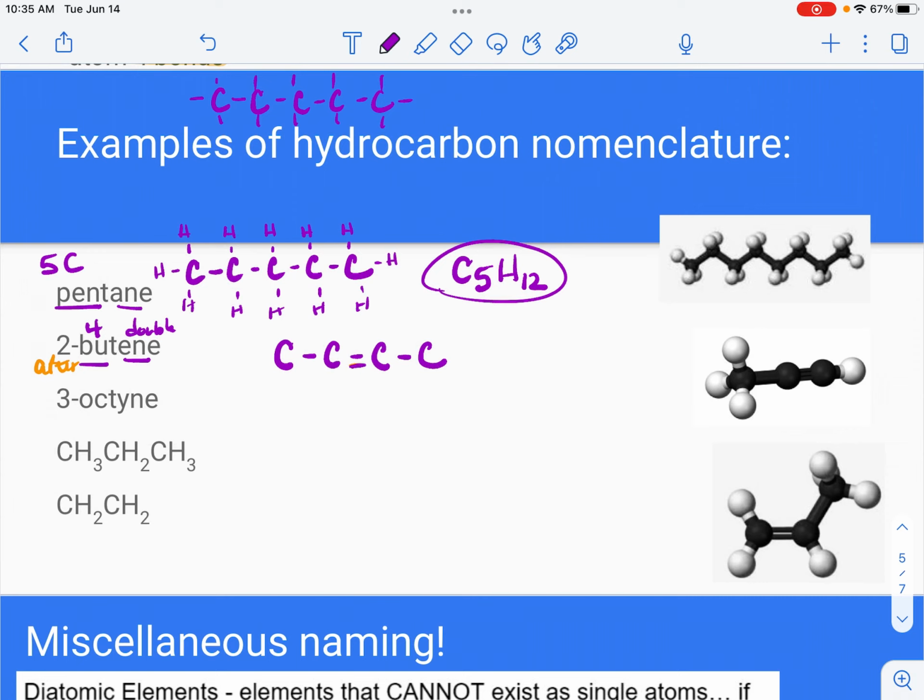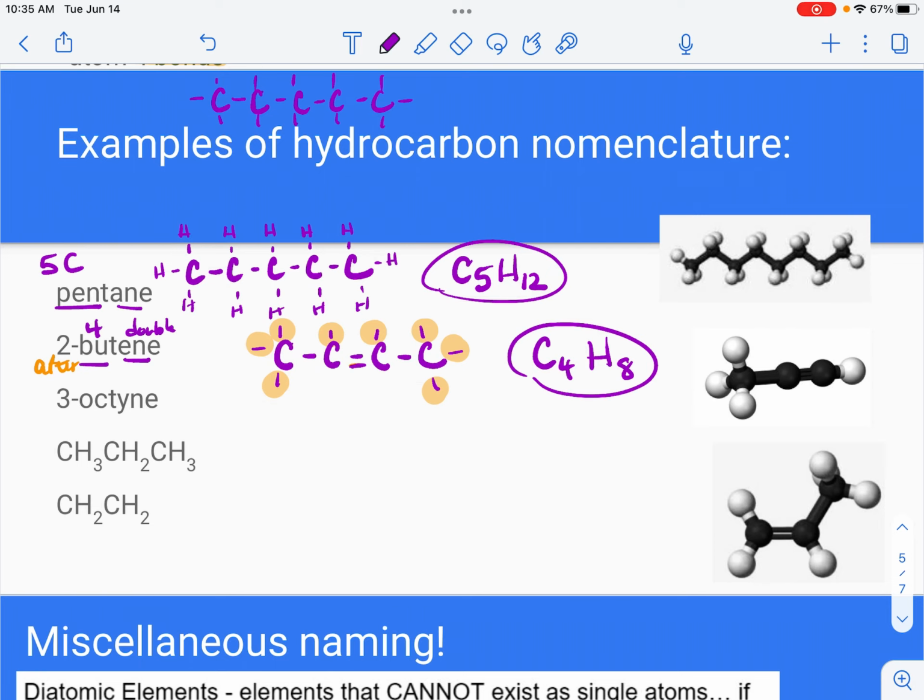All right, so I'm going to put in the double bond. And then I'm going to add enough hydrogen: 1, 2, 3. This one only needs 1, this one only needs 1 because of the double bond, and then 1, 2, 3. So now this is going to be C4H, 1, 2, 3, 4, 5, 6, 7, 8, so C4H8.